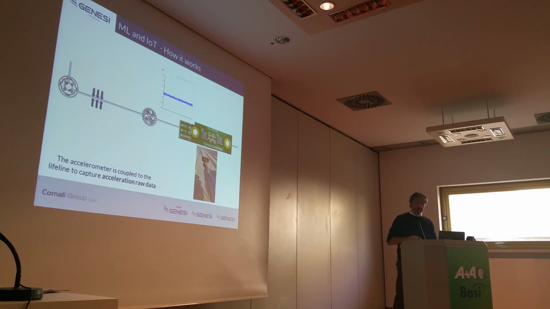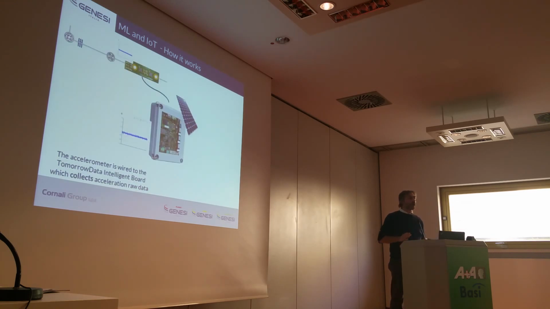And just to give you some more technical information, it acquires measures 800 times per second. The accelerometer is wired to an intelligent unit which is installed near the lifeline, and it is powered by a solar panel. So the accelerometer captures the data, the intelligent unit collects the data.